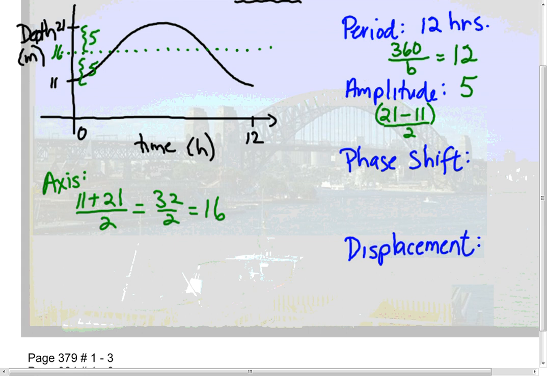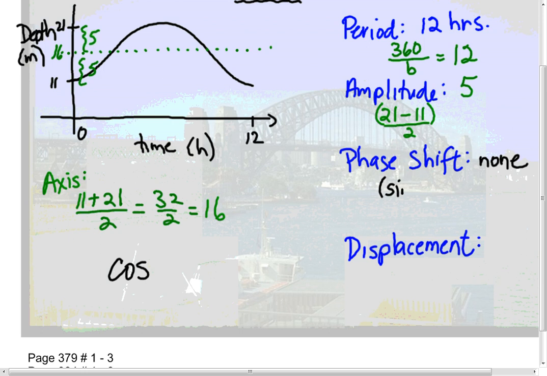So if I'm going to use cos and not sine, then this does not have a phase shift. It's just upside down. If I chose sine as my parent function, then there would be a phase shift. But I'm going to choose cos because it's easiest.